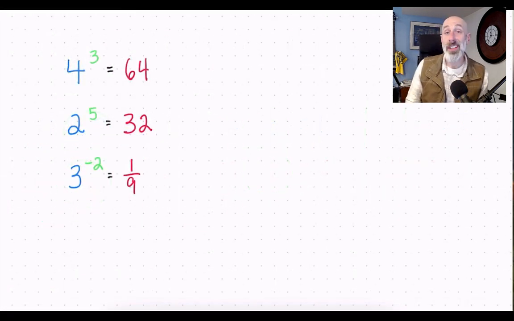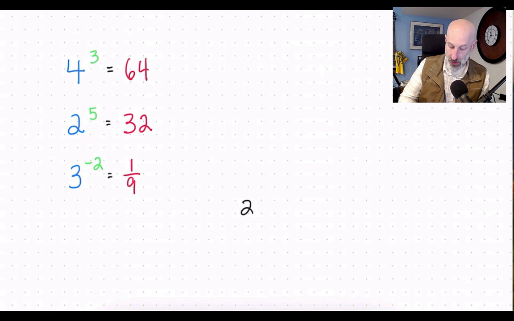All right, now to introduce this logarithm thing, this inverse of exponents, again, let's compare it to something that we're somewhat familiar with. Something like, how about 2 times 5 is equal to 10? And the inverse of multiplication is division. It would be something like 10 divided by 5 is equal to 2.